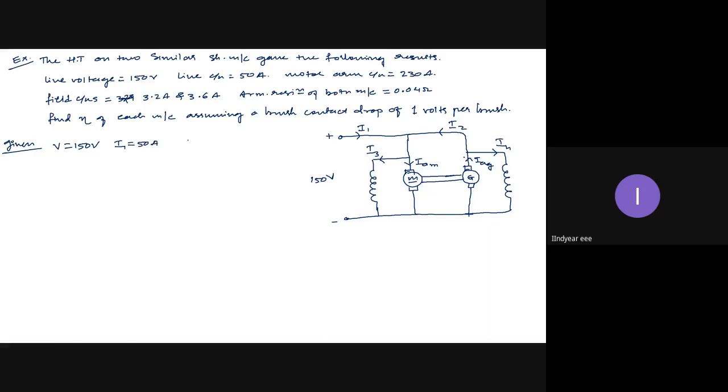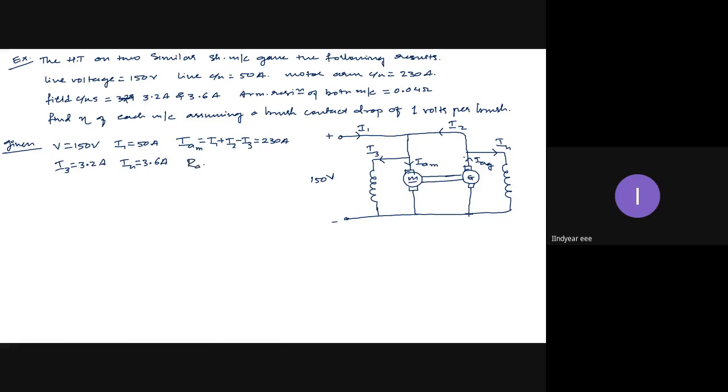Motor armature current, this is IAM, which is equal to I1 plus I2 minus I3, equal to 230 amps. Okay. So field currents, we know that lower value for motor, higher value for generator. So 3.2 for motor and 3.6 for generator.